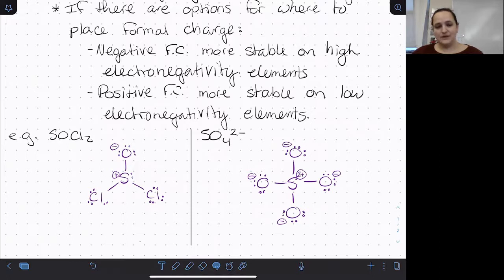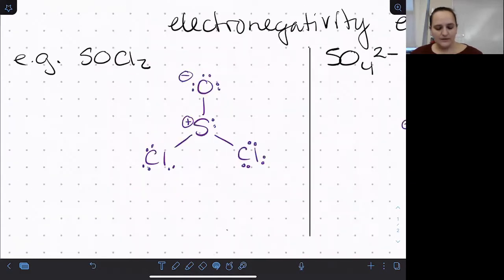Both of these have more formal charges than is necessary in order to be as stable as possible. So let's look at SOCl2 first. Everything here follows the octet rule, but we end up with this -1 formal charge on the oxygen and this +1 formal charge on the sulfur.